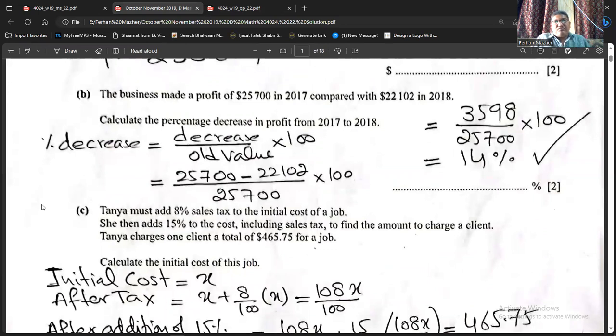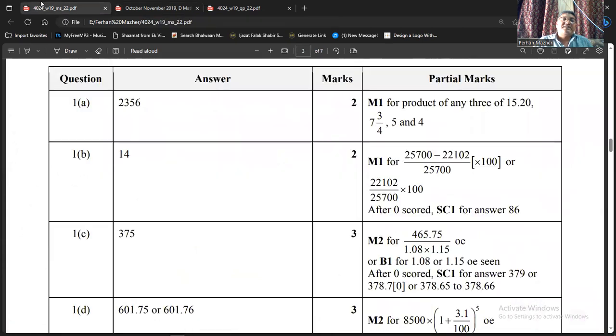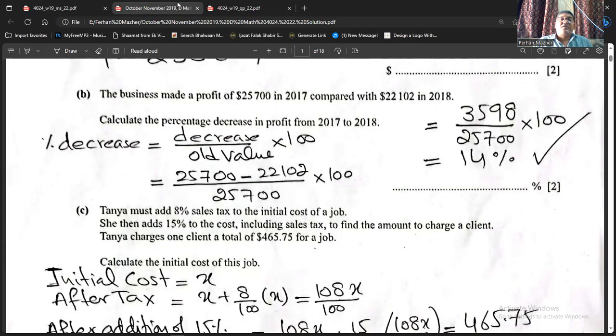So how much is the decrease? 25,700 minus 22,102, and divided by the old value, that is 25,700. So it will be 3,598 divided by 25,700 multiply 100. So that will be 14%. So there is a 14% decrease in the profit.